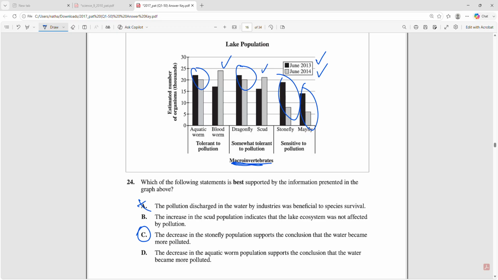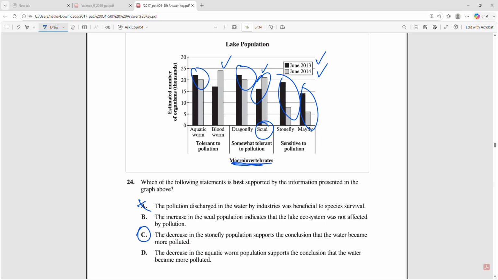B: the increase in the scud population, this one here, indicates that the lake ecosystem was not affected by pollution. Well, if we look at that alone, that doesn't indicate that the lake ecosystem was not affected because, in the case of the scud, it was for some reason beneficial, but there was definitely an effect.